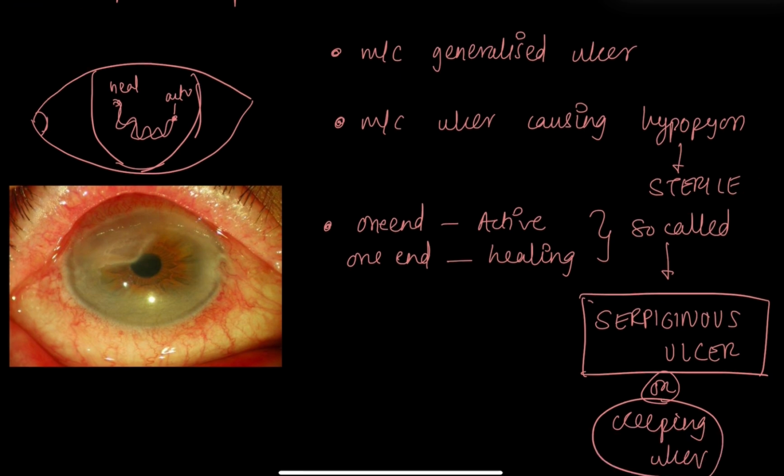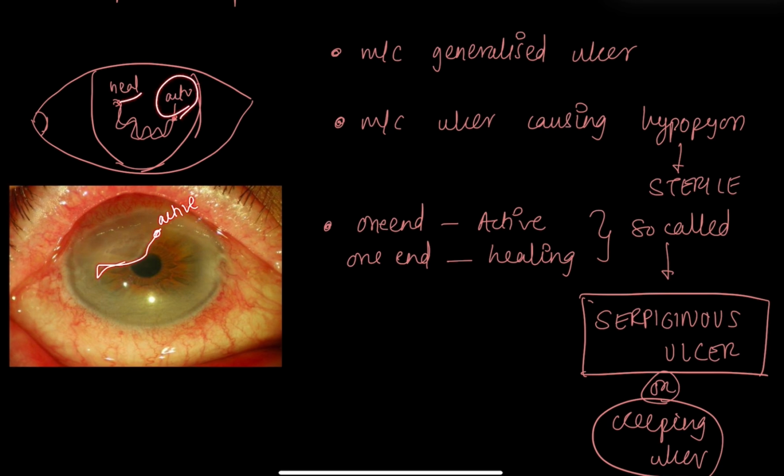So what is the characteristic feature of Streptococcus pneumoniae? It will have one end which will be healing, and one end which will be an active infection.